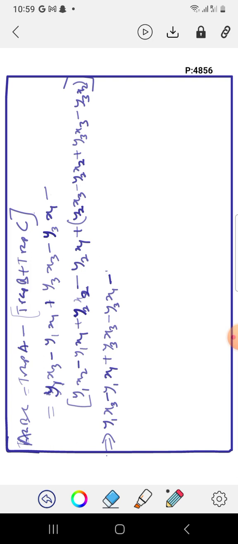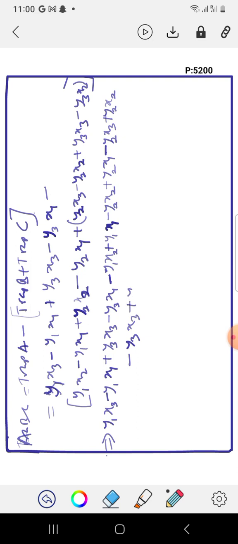So this is going to be y1 x2 minus y1 x1 minus y2 x2 plus y2 x1, minus y2 x3 plus y2 x2 minus y3 x3 plus y3 x2.